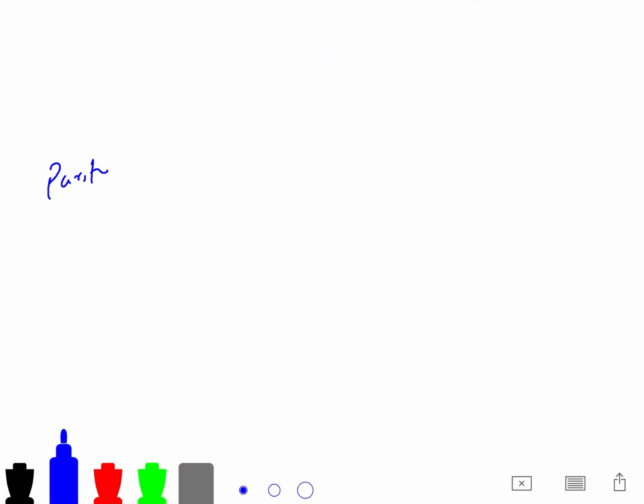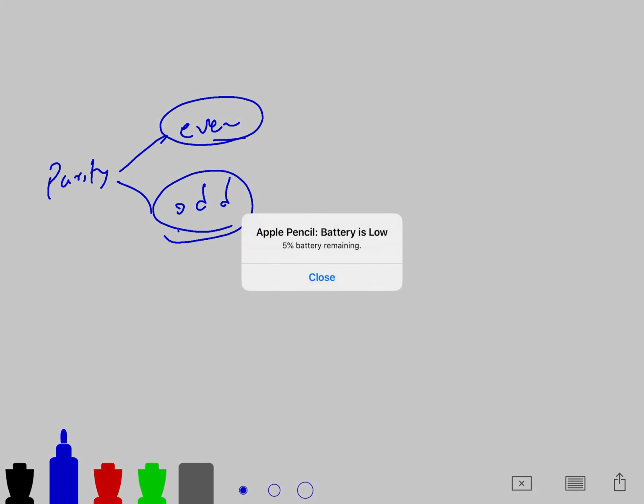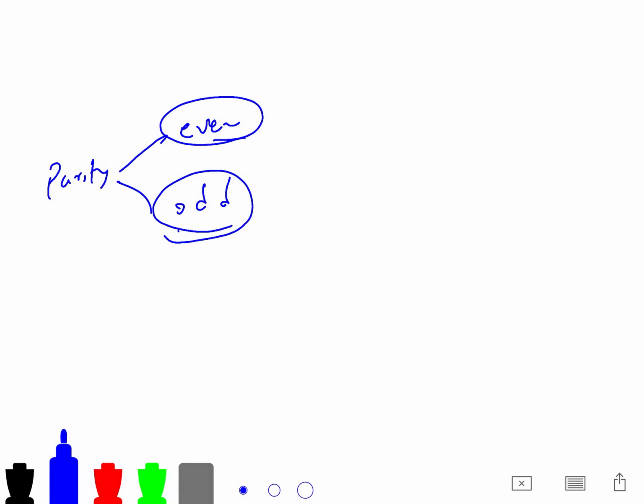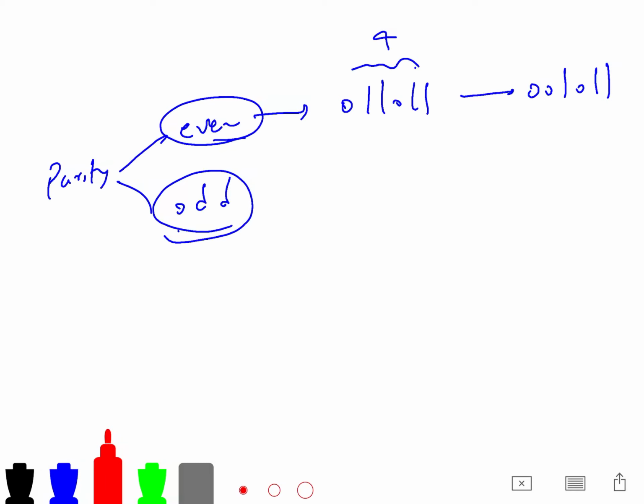And your parity could be even or odd. So the total number of ones is odd, or even. For example, your message is this, so the total is 4, and if you add noise to that, suddenly it becomes this. So let's see what we have missed. Oh, this one.